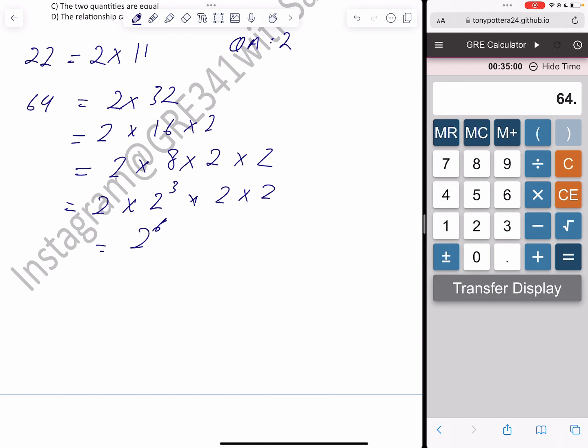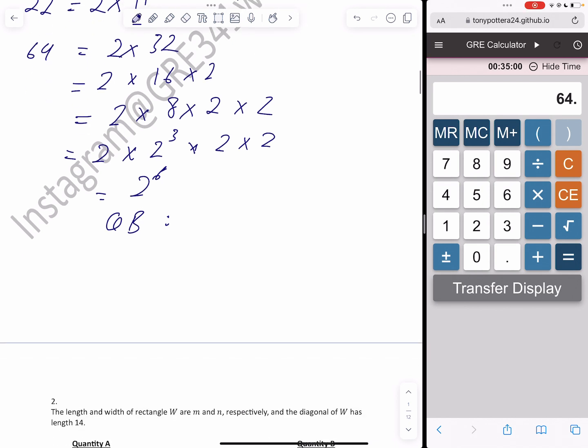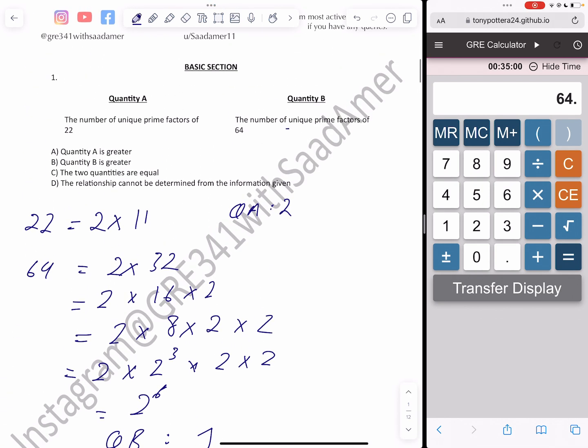So for quantity B, there's only one unique prime factor of 64, which is 2, and as a result quantity B is going to be 1, because of the word unique. For quantity A, the unique prime factors are 2 and 11, so 2 is greater than 1, and as a result the answer is A.